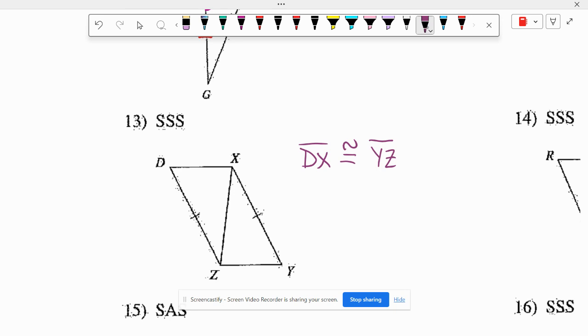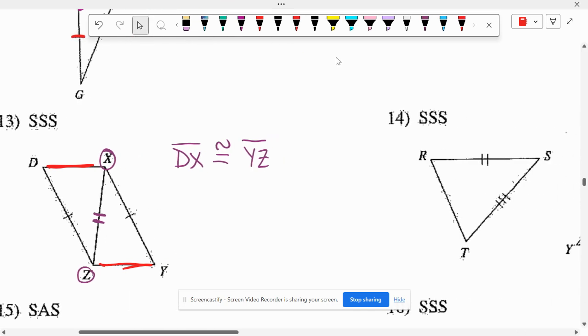What's it called? Segment what? Well, what are the 2 endpoints? They're letters. What are the 2 letters? You're not done? Yeah. So segment XZ is congruent to itself because it's the common side, right? So what are we missing? We're missing this congruent to that. Good job, Jacob.